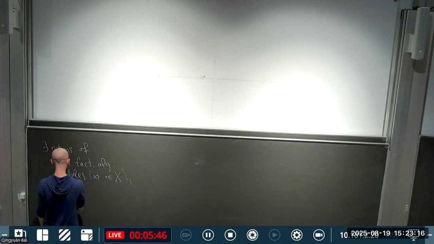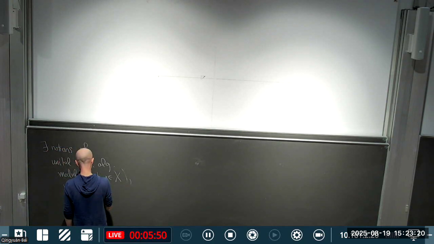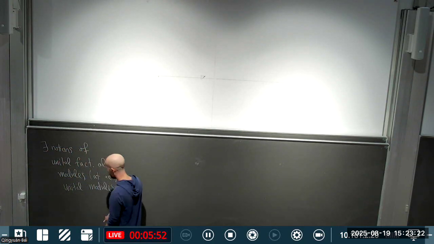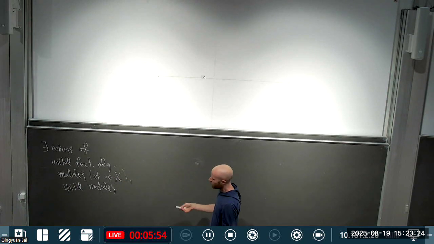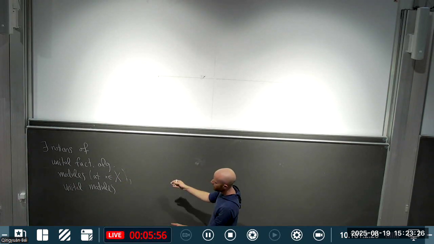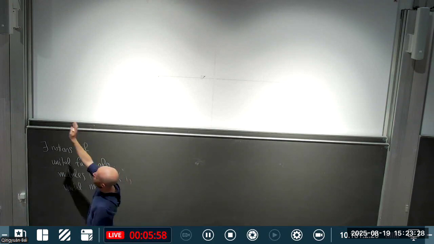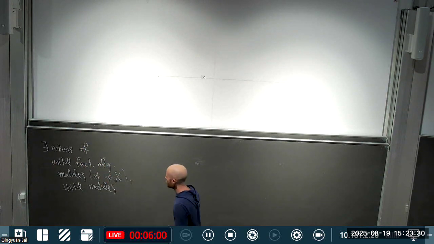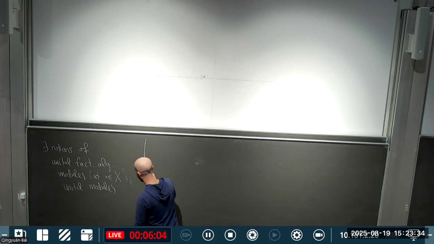There exist notions of unital modules. So often this word unital gets thrown around, but you should imagine the language is pretty flexible. The definitions are all variants on the definition of factorization algebra at the start, and that's the flavor of it.